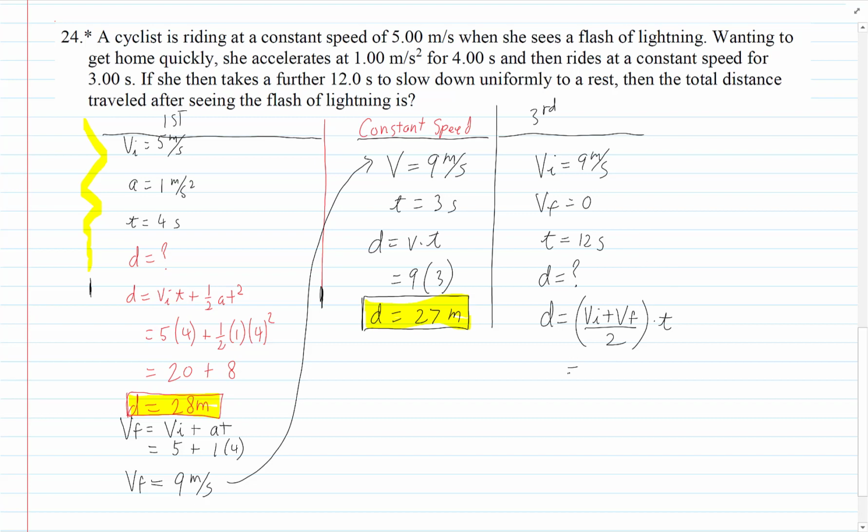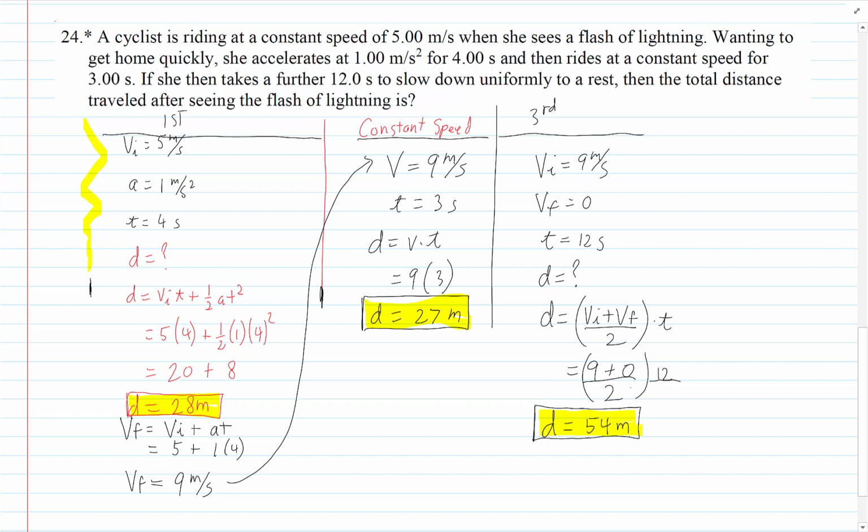And we get VI is 9 plus 0 all over 2, times the time of 12. So 2 in the denominator, 12 in the numerator, that could be 6. 6 times 9 is 54. D is equal to 54 meters. That's her stopping distance at that point. So that's our third distance.